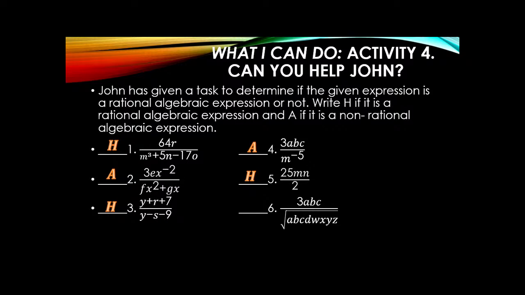Number 6. 3abc all over square root of a, b, c, d, w, x, y, z. What if the denominator has a square root? So, it is not a rational algebraic expression. Okay. Got it. Any questions? Okay, let's proceed to the next.